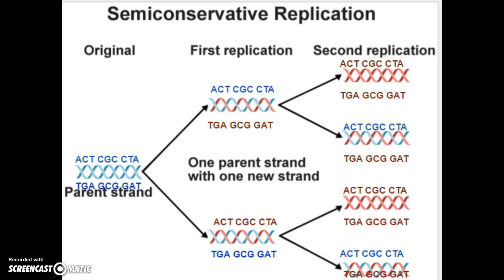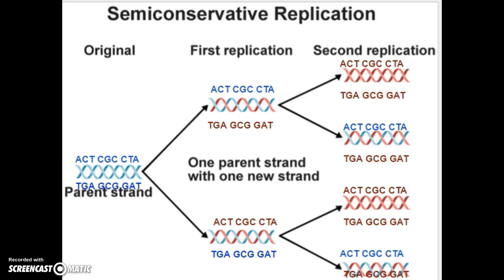So the idea of semi-conservative replication is that there is one strand that is always carried over into the next cell. And because we have complementary base pairing, for example, the parent strand, you can see the top strand and the bottom strand are paired complementary.